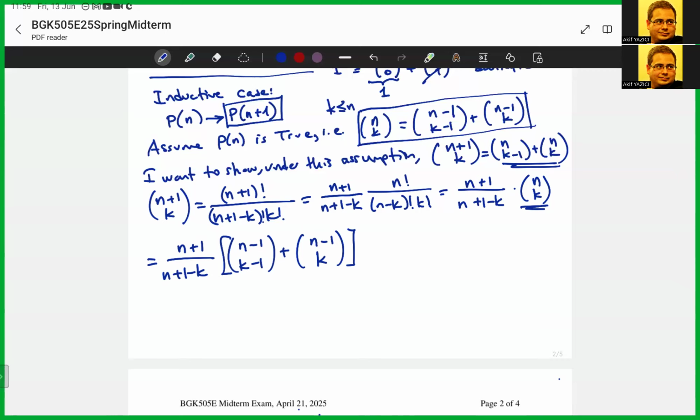Okay, so this is the assumption applied. Now this does look like I'm using my assumption to show the implication. And then the rest is algebra. I'm going to manipulate all these terms. And what do I want to get? I want to get this statement here.